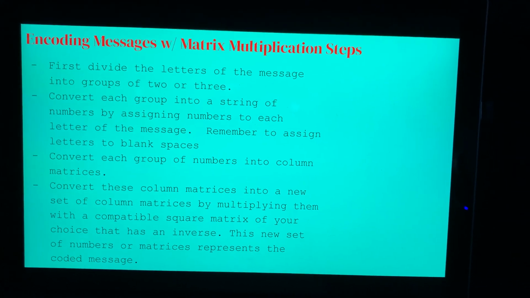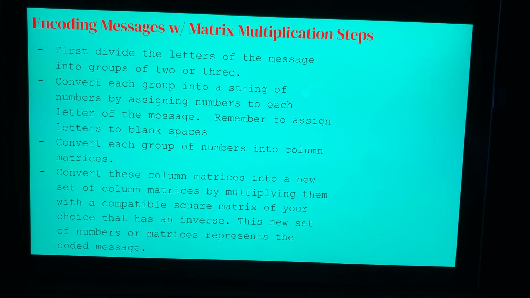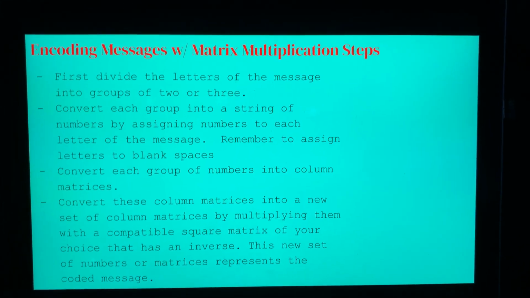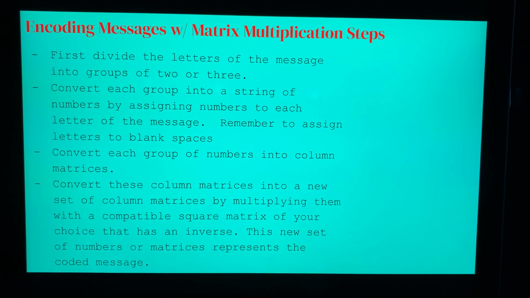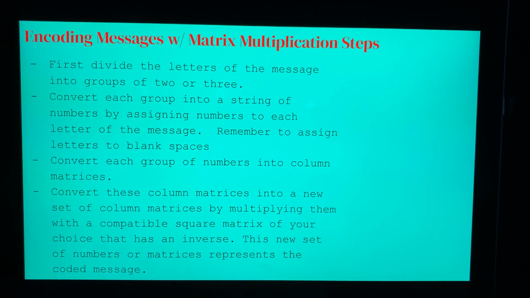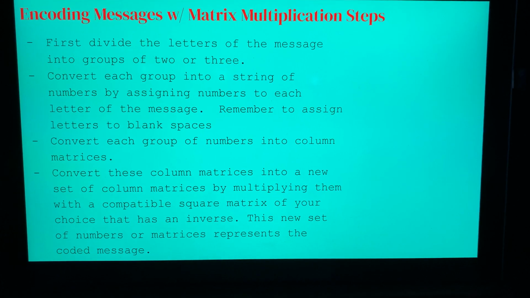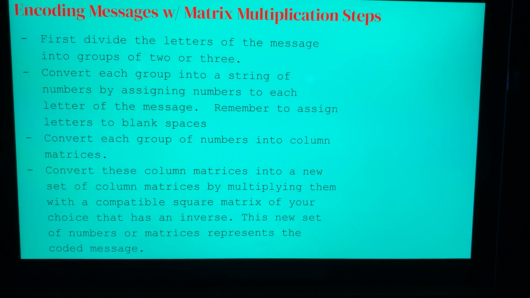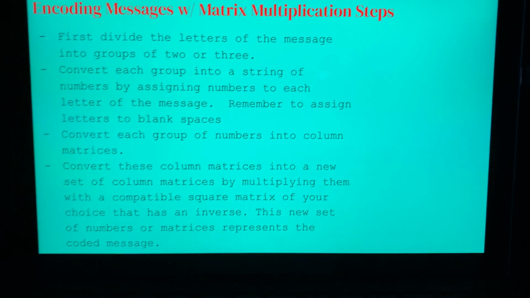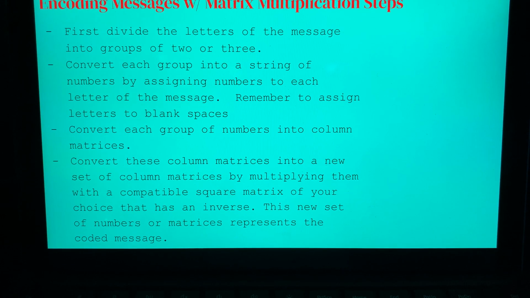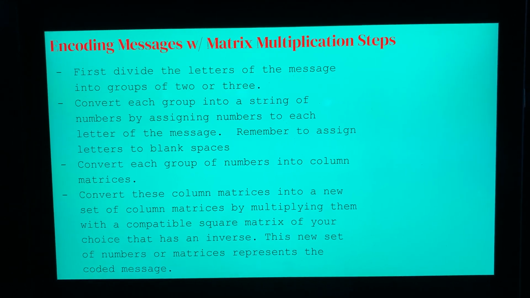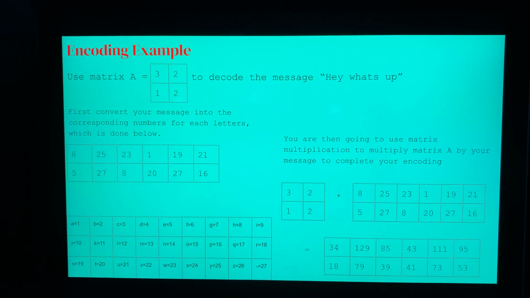Then convert each group of numbers into column matrices, so your 2 by 1 or your 3 by 1. Convert these column matrices into a new set of column matrices by multiplying them with a compatible square matrix of your choice that has an inverse. This new set of numbers or matrices represents the coded message. And I'll show this on the next page.